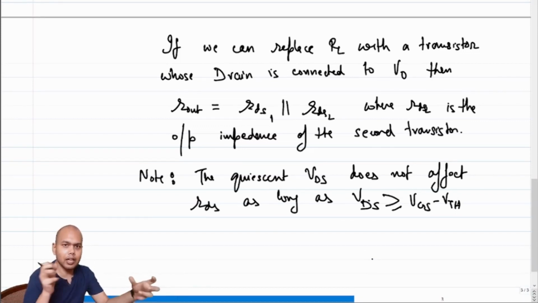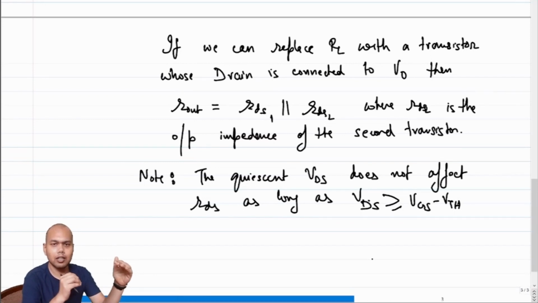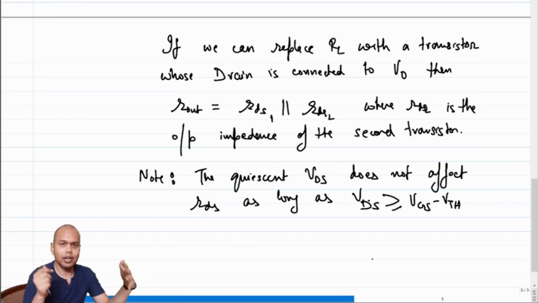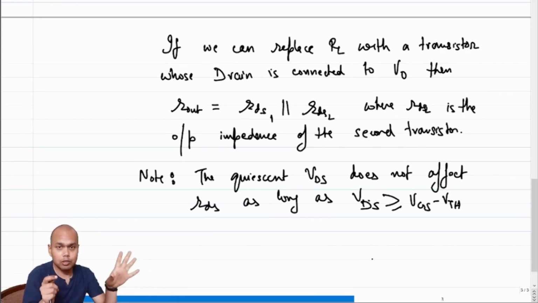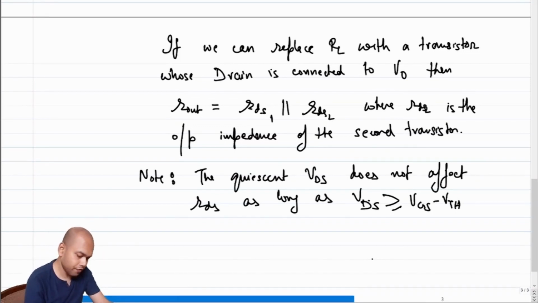If we can do that, then it is probably possible to get higher gain with a limited power supply. Now, to get higher gain, we have no other option but to increase the power supply. However, if we are able to use MOSFETs in place of RL, then it is probably possible to decouple the biasing condition from the achievable gain. So let's see if that is possible.